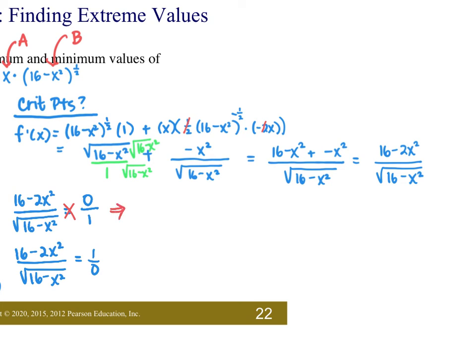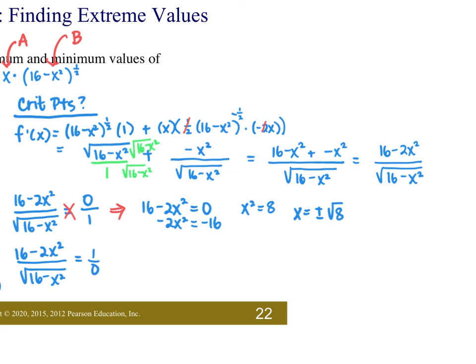What will that give me? That will give me 16 minus 2x squared equals 0. And then subtract 16 from both sides, and divide by -2, and square root. So x is plus or minus square root of 8.